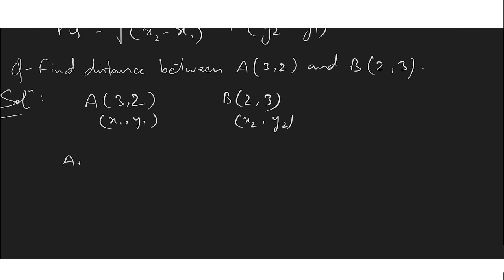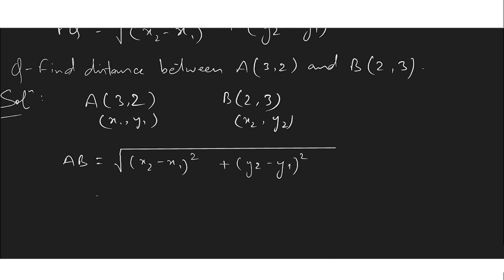Then we have AB is equal to square root of x2 minus x1 whole square plus y2 minus y1 whole square. So this comes out to be x2 is 2 minus x1 is 3 whole square plus y2 is 3 minus y1 is 2 whole square.